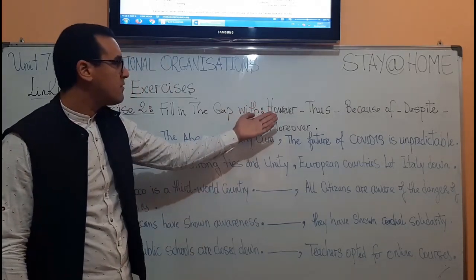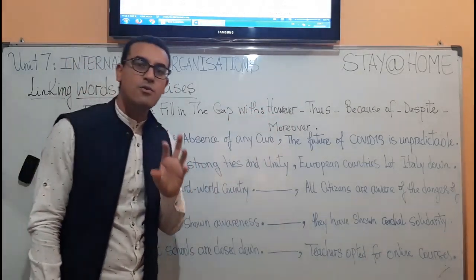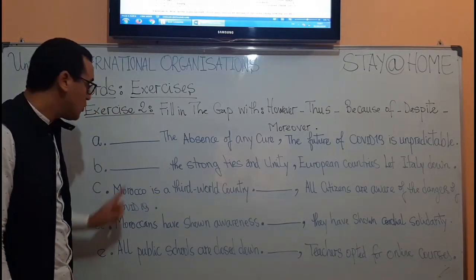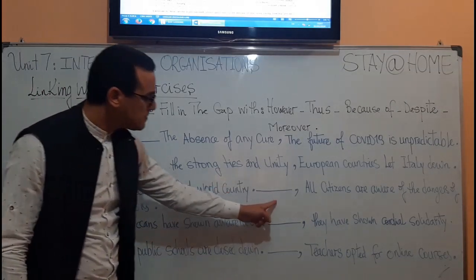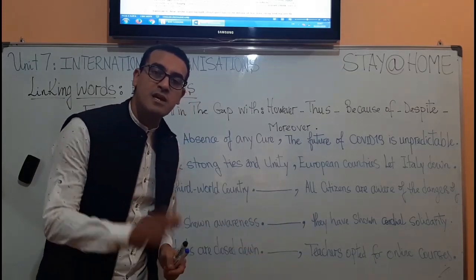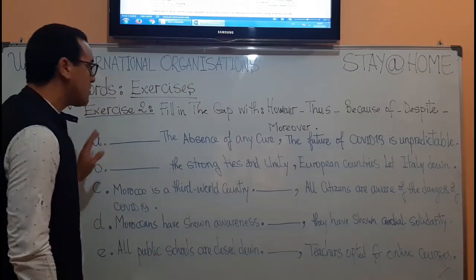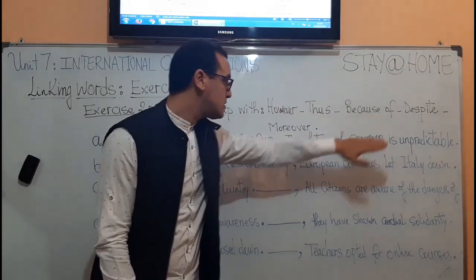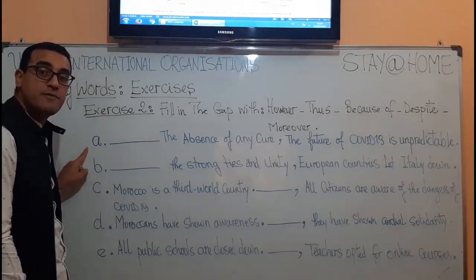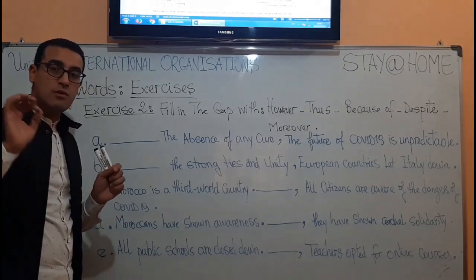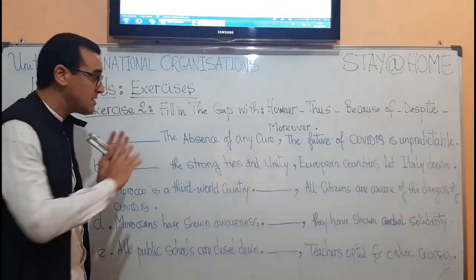As you can see here, we have 5 linking words, 5 linkers, and here we have 5 sentences with some gaps, some empty spaces or slots. So you're going to use the following linking words to fill in the gaps in these sentences. And of course, I want you to concentrate on the relationship between sentences.